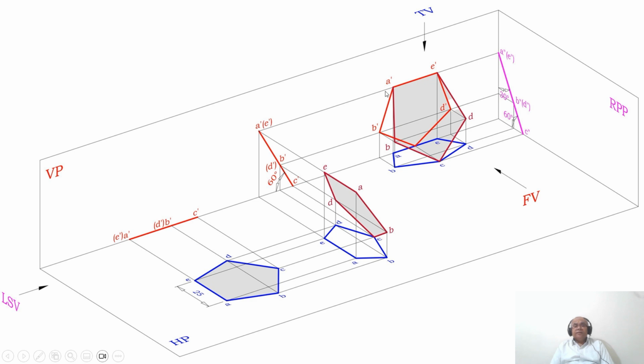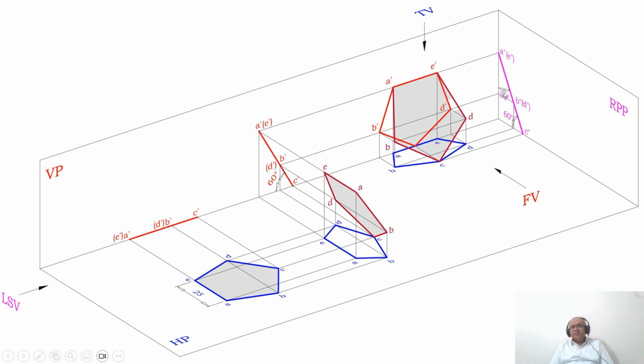Similarly, as you look from the left side view, A dash is near to the observer, so it is visible, that is A double dash, and E double dash is away from the observer. Therefore, E double dash is in brackets. So what happens: the surface is inclined at 60 degrees to HP here. Obviously that surface will be inclined to VP at 30, because it is a right angle triangle, wherein you have 90 here, and if 60 is given, 90 plus 60 is 150, so this should be 30 only.